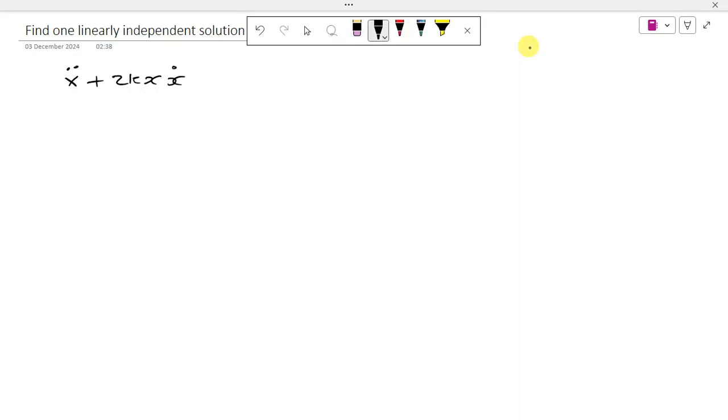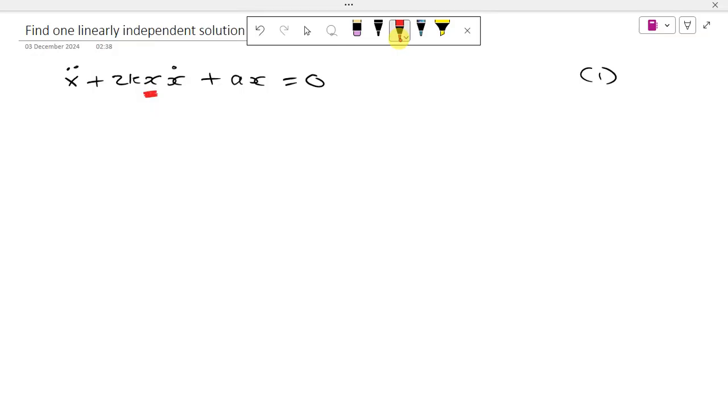So we've got x double dot plus 2kx x dot plus a times x equal to 0, and we'll call that equation 1. Right, so this is a lot more tricky to solve because of this factor of x in front of the x dot.